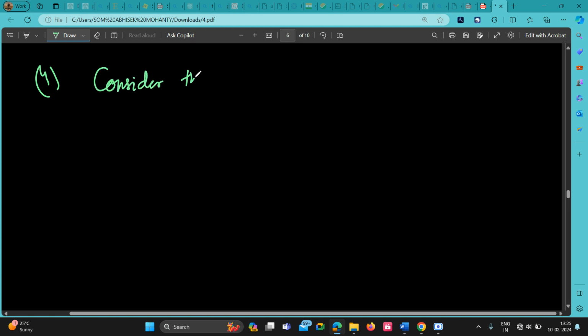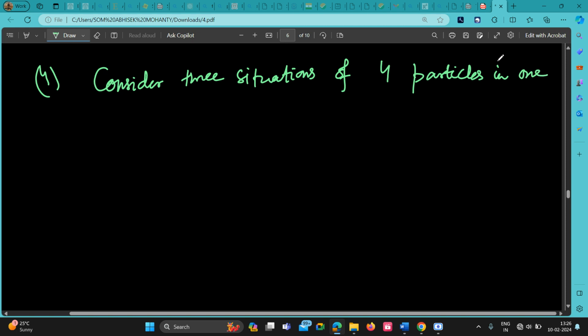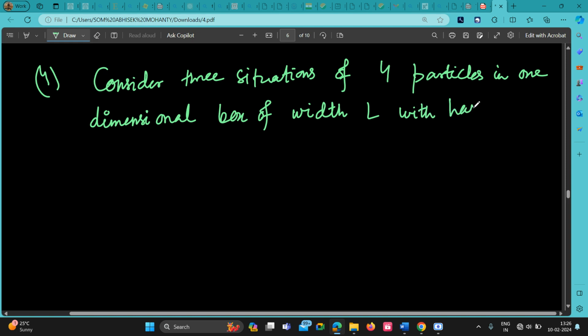Consider three situations of four particles in a one-dimensional box of width L with hard walls.